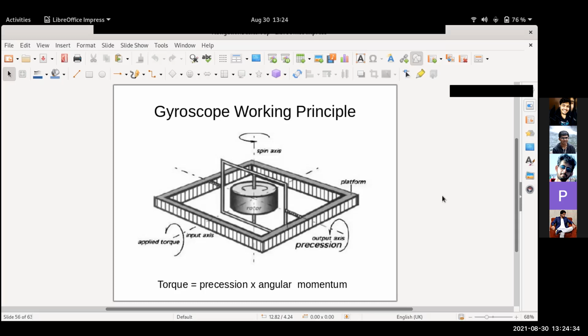And then there was also a situation when the spin axis coincided with the applied torque axis, you no longer experienced the inner gimbal movement.